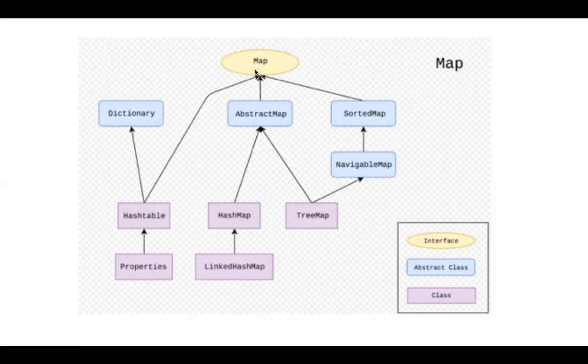As you can see, at the topmost you will have the map interface, then abstract classes: sorted map, dictionary, abstract map, and you have implementations: hash table, hash map, tree map, and properties. So basically it's a key-value pair in map. The previous one was collections, like a cookie jar, where you stack objects on top of each other. The second one is map, which is key-values.